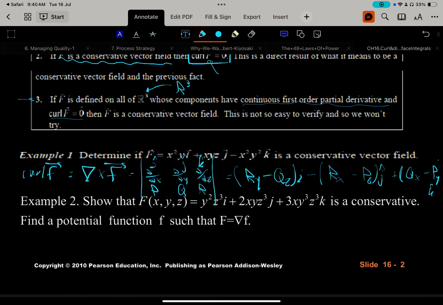And so now if we find out that this is 0, then the vector field is conservative.